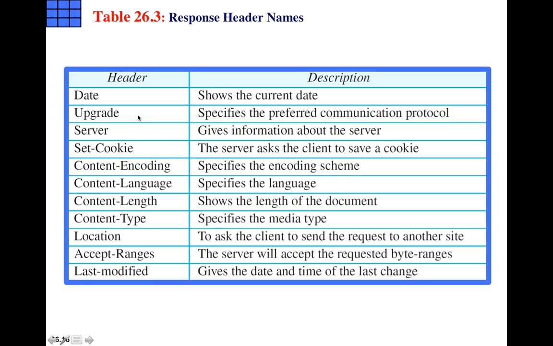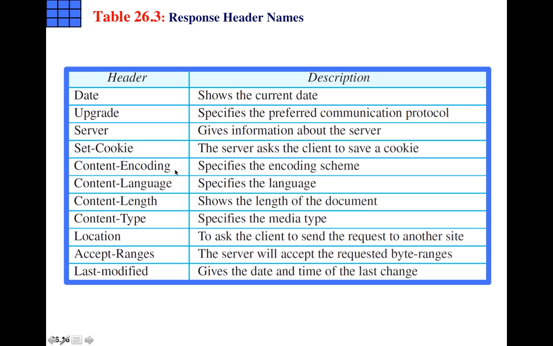Again, upgrade to specify the preferred communication protocol. Server, it'll give information about the server, what type of server it is, different types of information. Set cookie, the server will send a cookie and ask the client to save it.